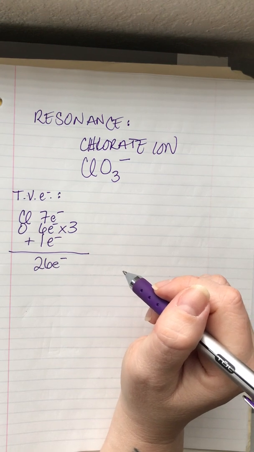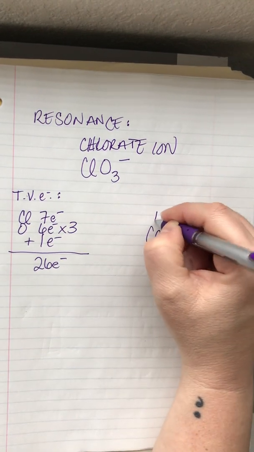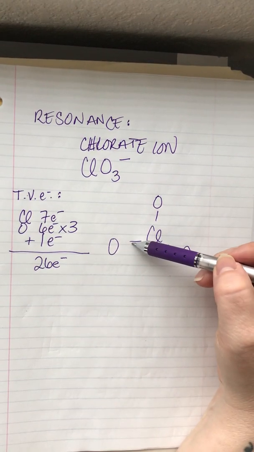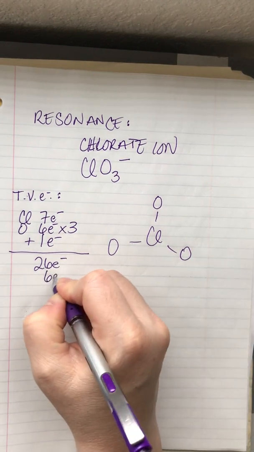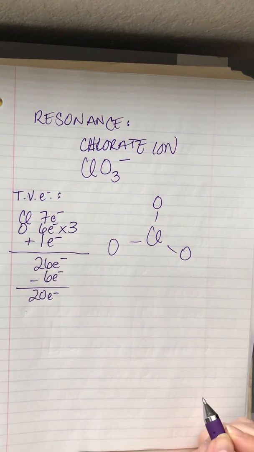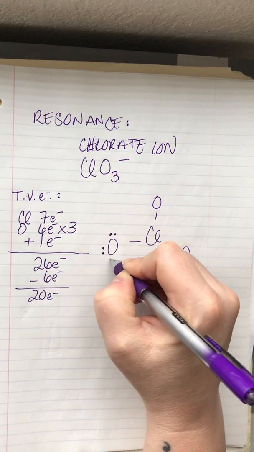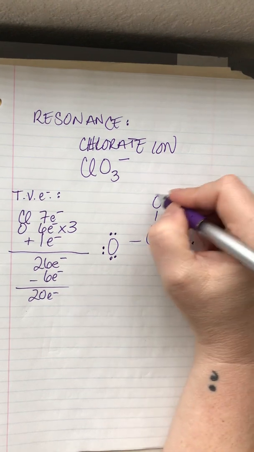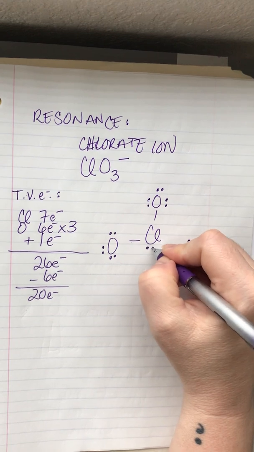Cool. So now we put chlorine in the center, and we put the oxygens all around. And we've used 2, 4, 6 electrons in bonds. So we subtract that from our total, and we have 20 electrons left over. 2, 4, 6, 8, 10, 12, 14, 16, 18, 20.